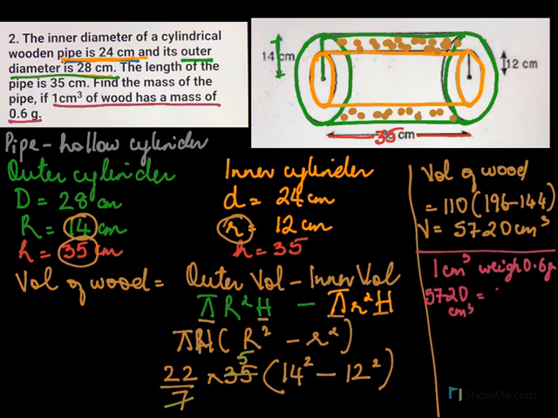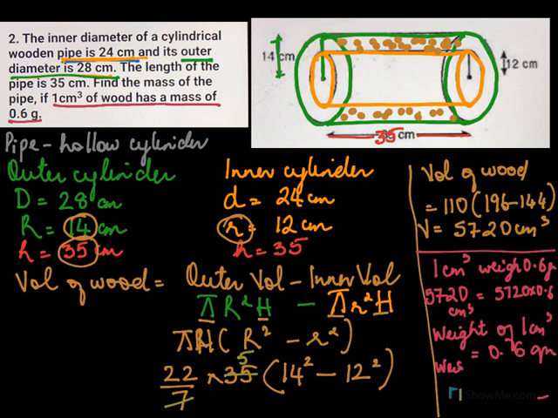So what will be the weight of that? 5720 into 0.6. The weight, or the mass, actually they're using the word weight, but if you are careful with your physics, you know it is the mass. The weight of 1 centimeter cube equals 0.6 grams.